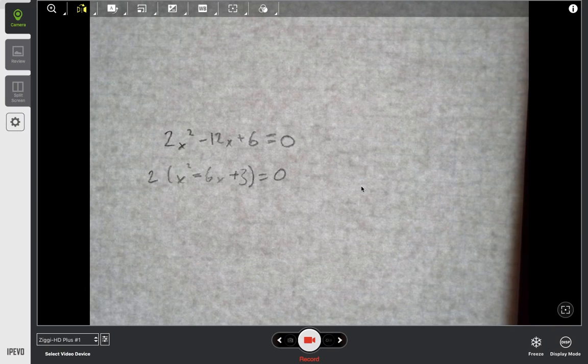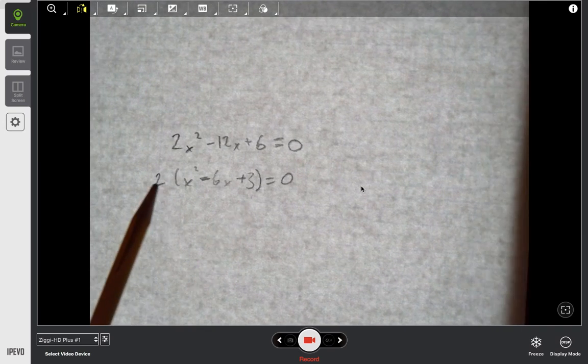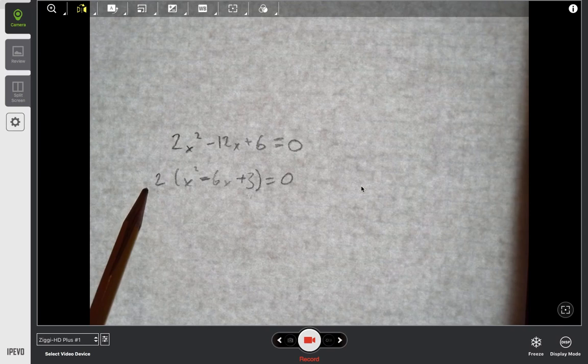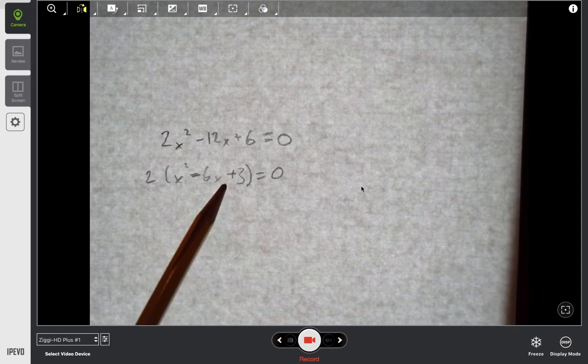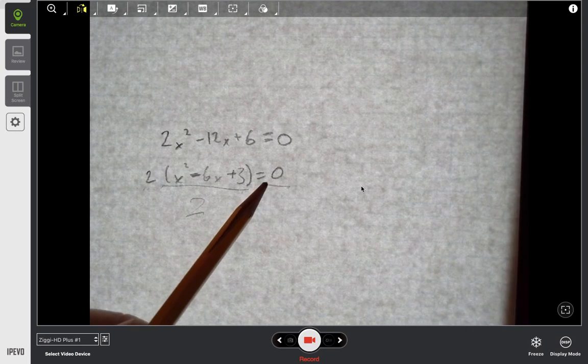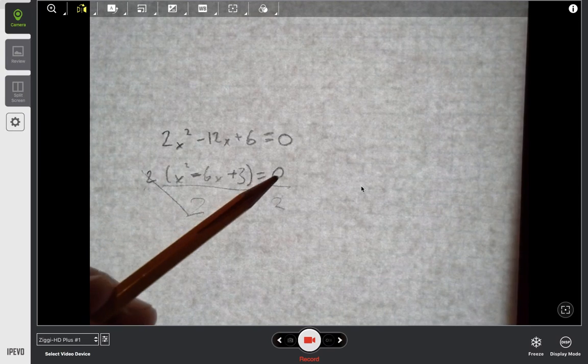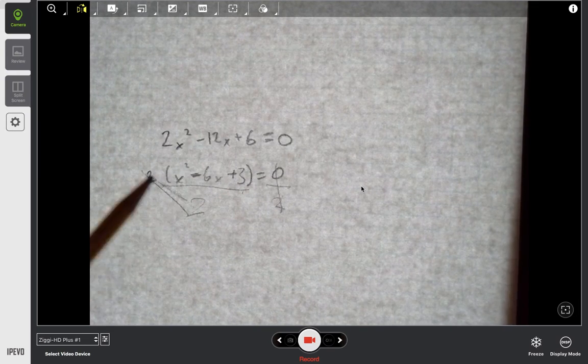And this is a bit of a tough one. It's really going to work out a lot better if instead of having this 2 over here, I can't do my complete the square in the parentheses with this over here. So what I'm actually going to do is I've got equal to 0. I want to get rid of this 2 entirely. I can use my properties of equality, my inverse operations, to say, well, I'll divide both sides by 2. 2 divided by 2, it cancels out.